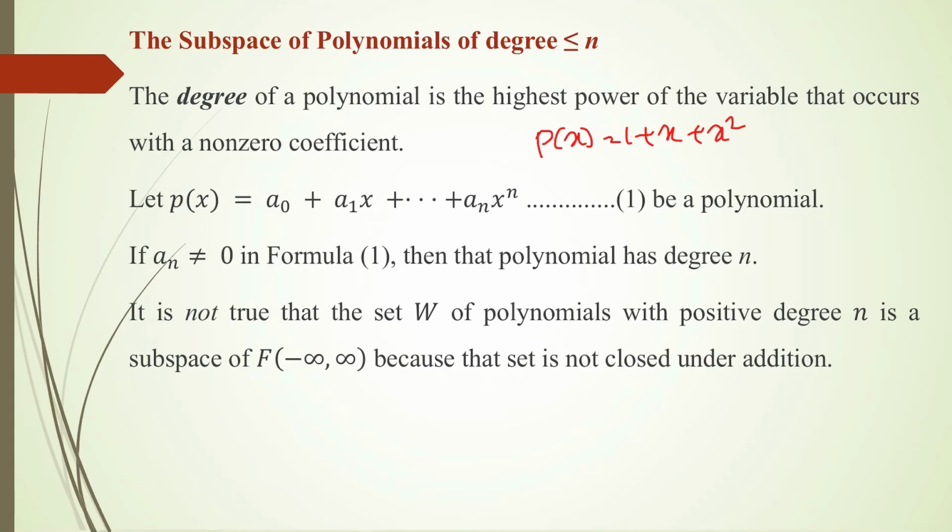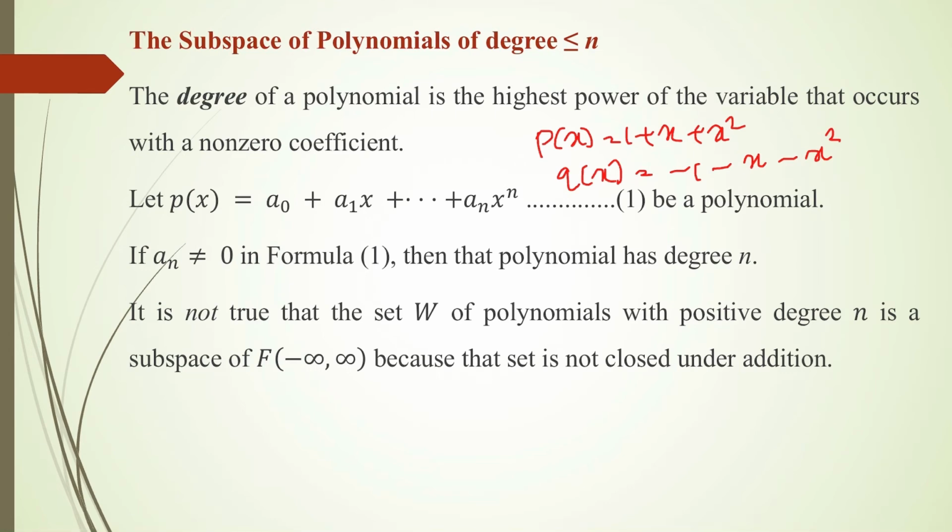This is a second degree polynomial, and I am considering q of x as minus 1 minus x square. This is also a second degree polynomial. If you add them together, you will get 0, which is a polynomial of degree 0.